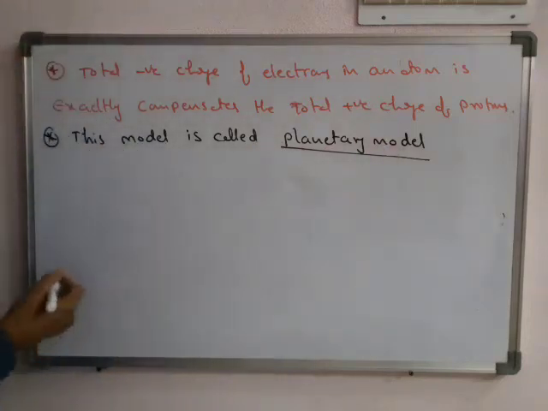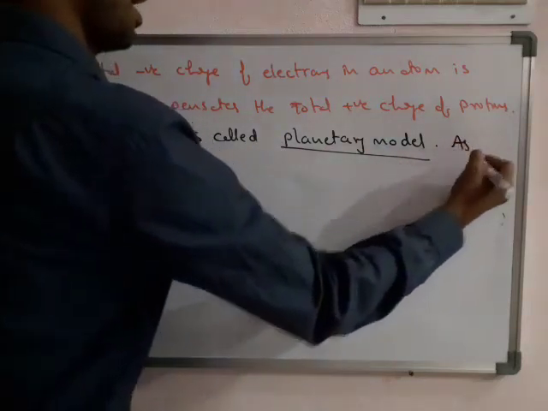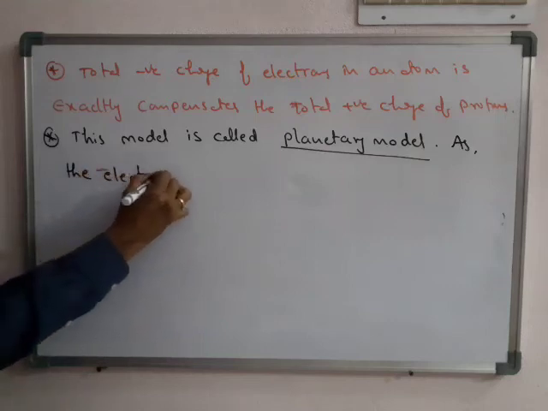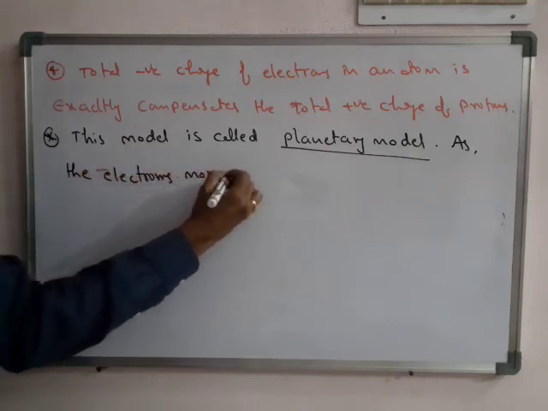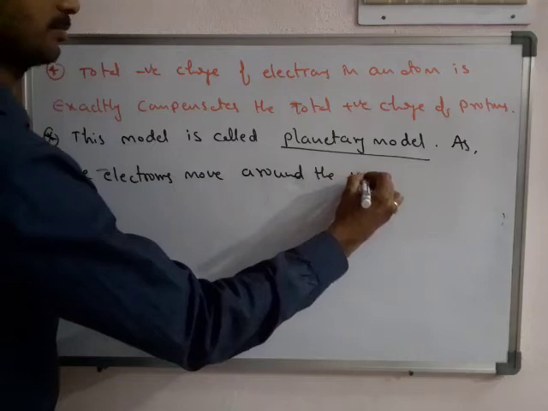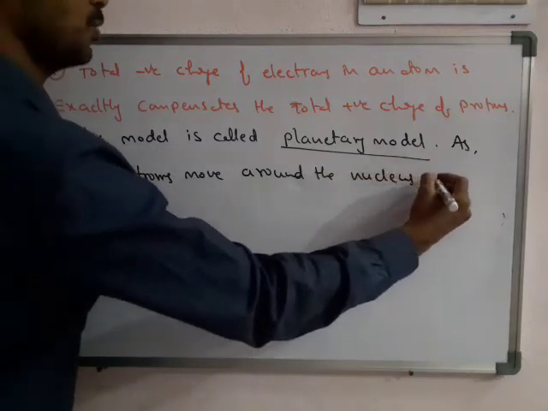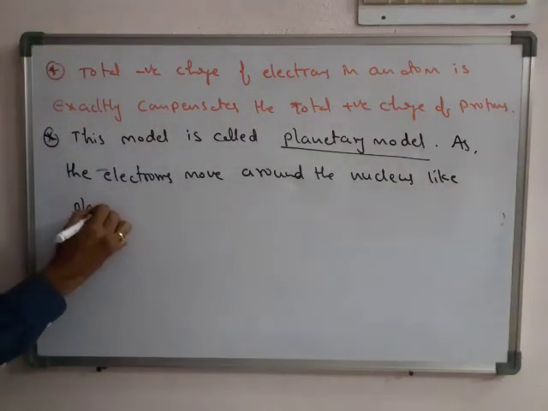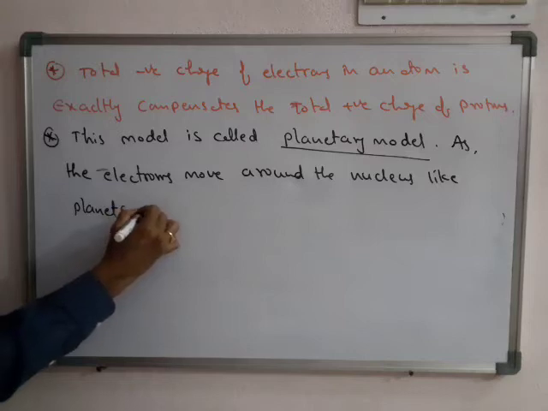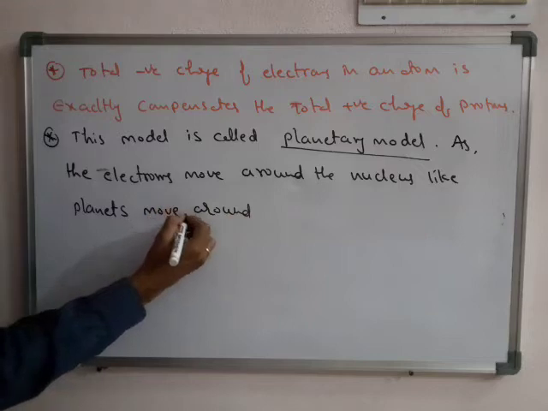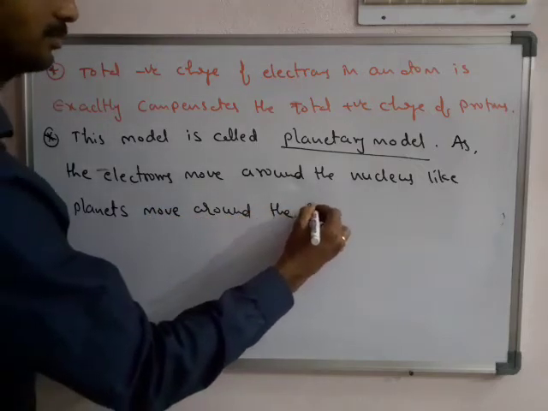So why is it called the planetary model? Because electrons move around the nucleus like planets move around the sun.